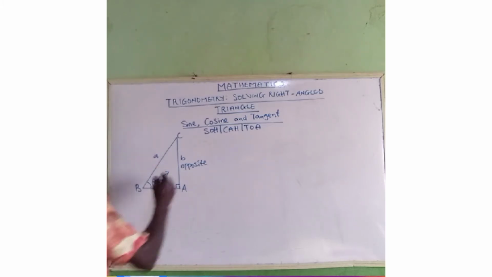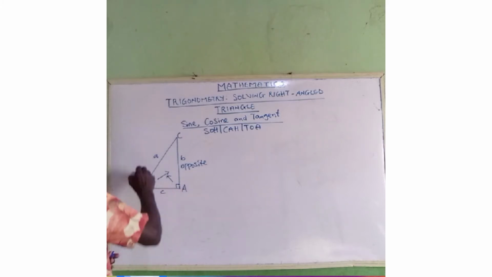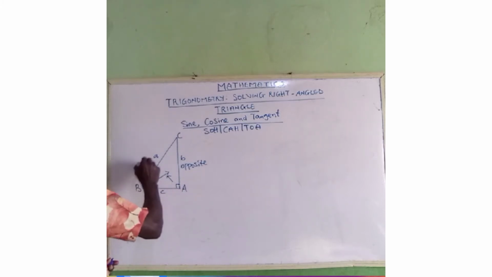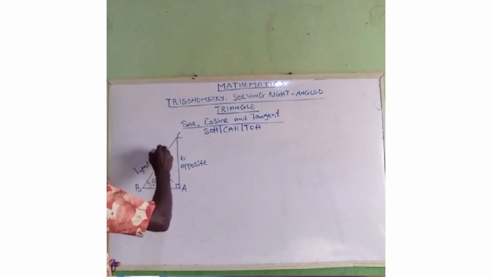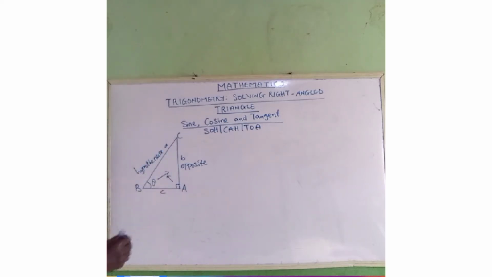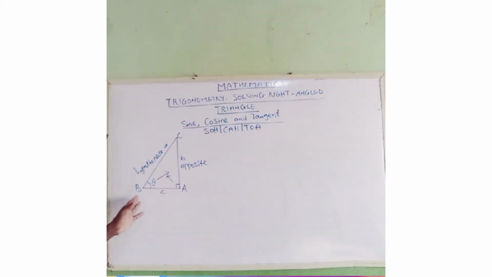So a side facing the 90 is what we refer to as the hypotenuse. Sometimes we used to say the longest side is the hypotenuse. To identify hypotenuse easily, a side facing the 90 is referred to as the hypotenuse, while the remaining side here, which is the side c, is called the adjacent.